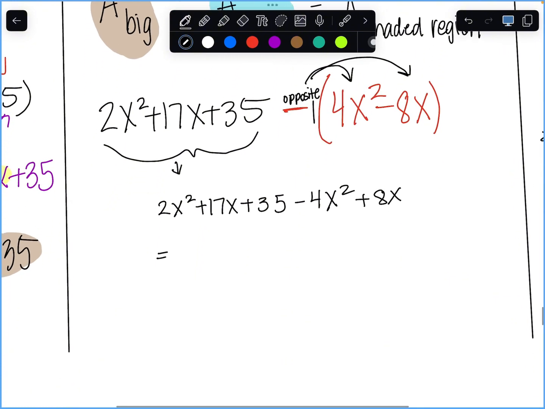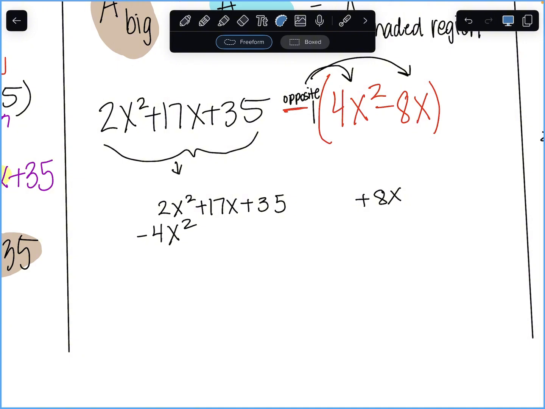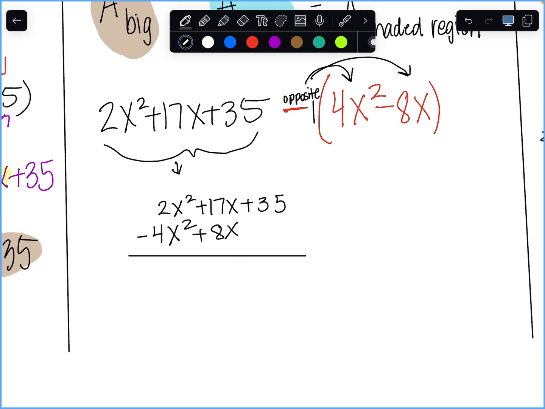All right. And then I had a student last period tell me, Miss Sanchez, I don't like the way you wrote it. Whenever I distribute, I always like to go ahead and move it. I know this is similar to that guy, and this is similar to that guy. In other words, they are like terms. Can I put like terms in one column, one on top of the other?